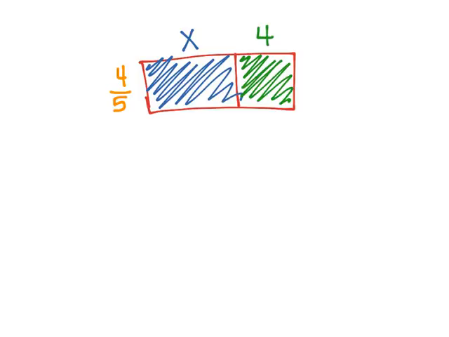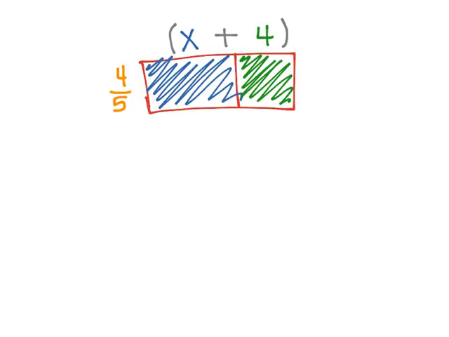From a representation like this, we can determine the original algebraic expression. To start, we'll determine the total length of our rectangle. Since we know that it's the sum or the combination of the individual lengths, we can say that x plus 4 is our total length.